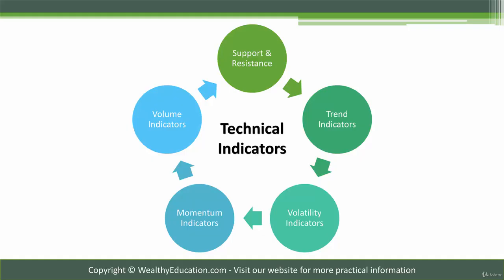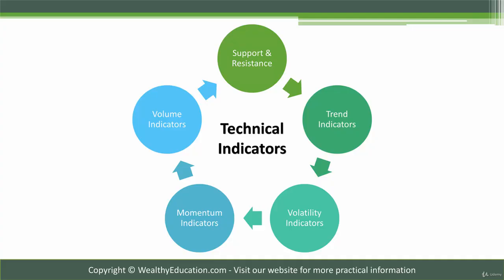In the Advanced Technical Analysis course, we'll be looking at support and resistance, trend indicators, which can tell us whether our stock is trending bullishly or bearishly, which is not always identifiable by simply looking at a price and volume chart. Volatility indicators, which can indicate whether a stock or market is about to make a big move in either direction, or whether a trend is coming to an end.